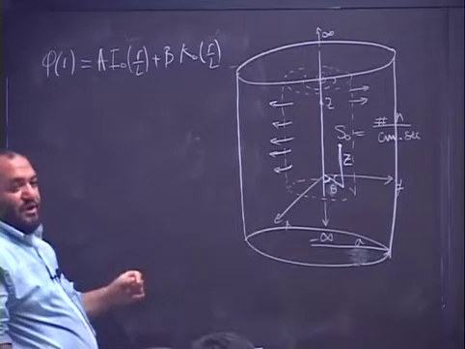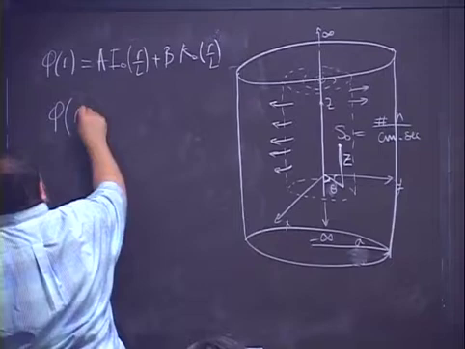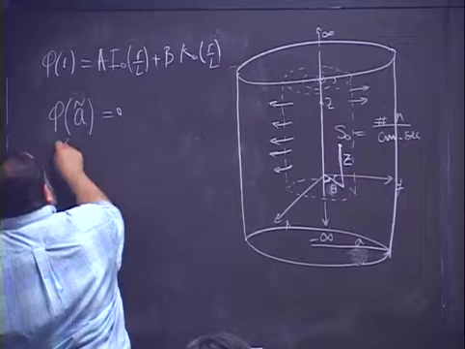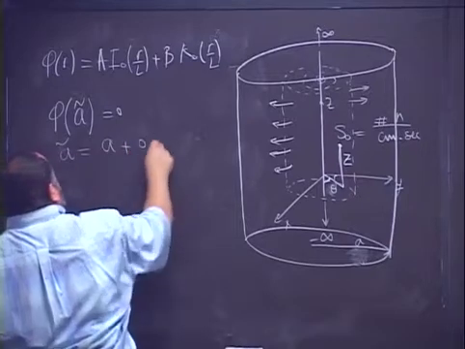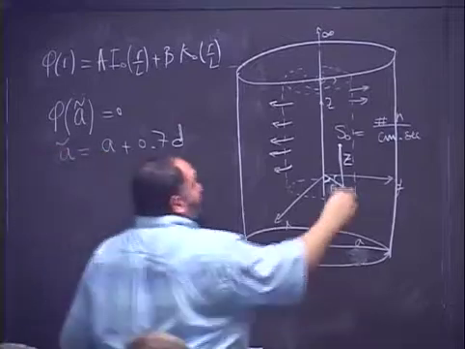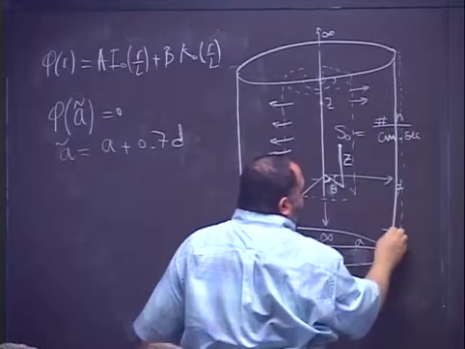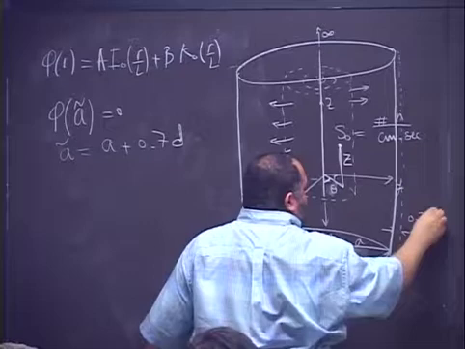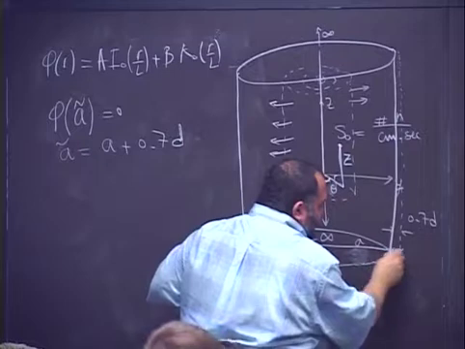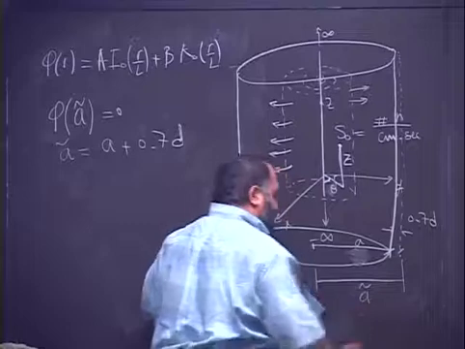Instead of at infinity, the flux at A extrapolated is equal to 0, and A extrapolated is just A plus 0.7 D, the extrapolated distance. If you add it to A, this is now A tilde.